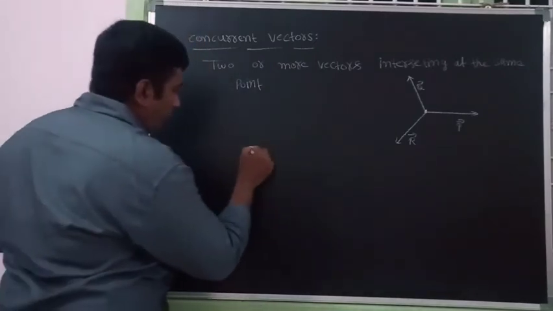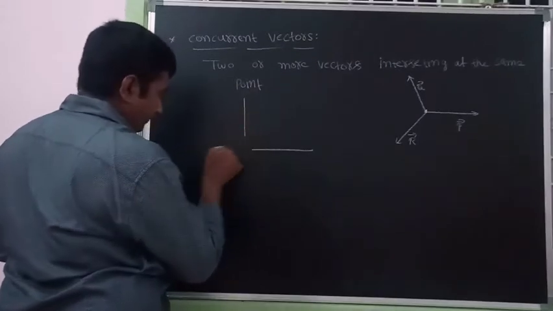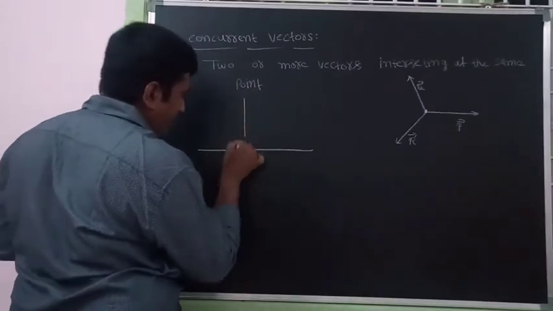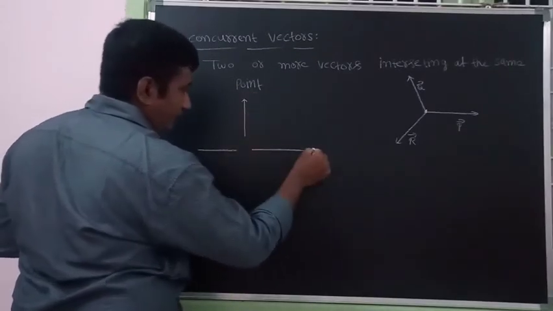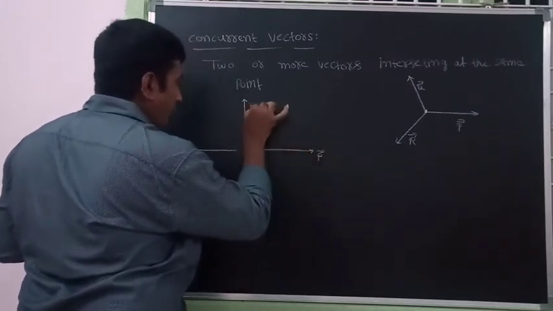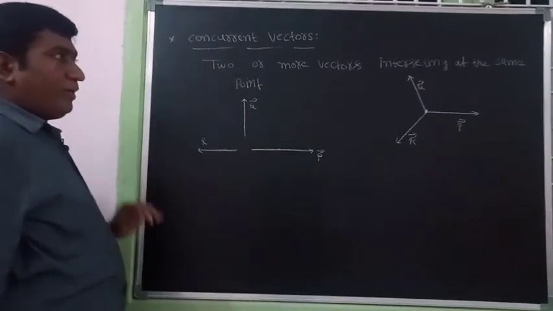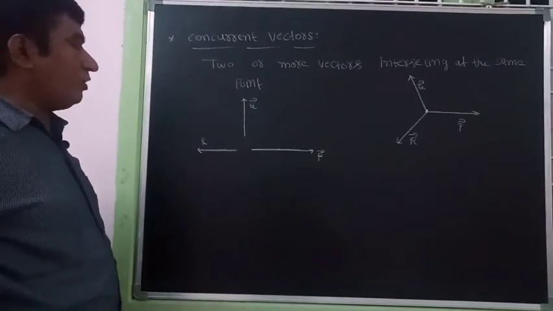Okay, now I am taking it like this: P, Q and R. Can we call these concurrent vectors?